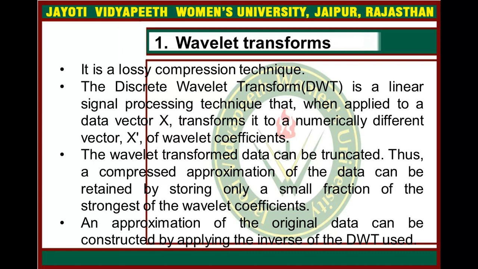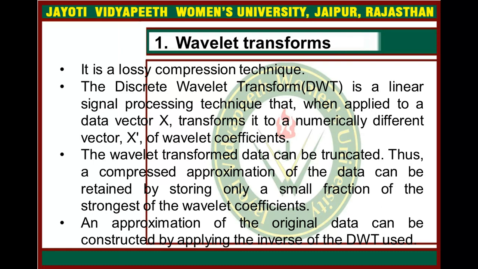It is a linear signal processing technique that, when applied to a data vector x, transforms it to a numerically different vector x dash of wavelet coefficients. Okay, this is a mathematical term. You have already learned about vectors, what is x and x dash. Okay, so the wavelet transform data can be truncated.